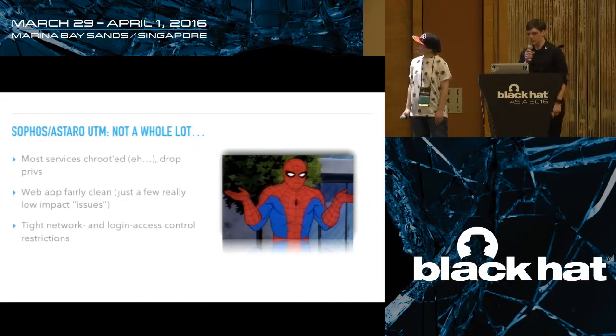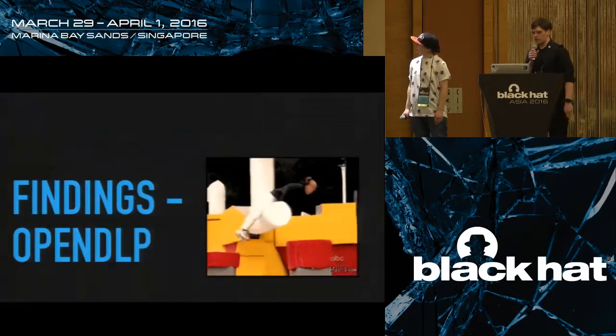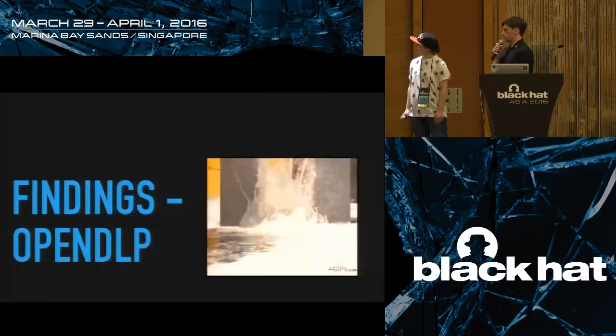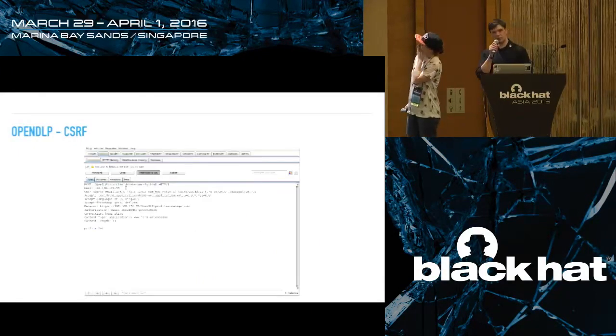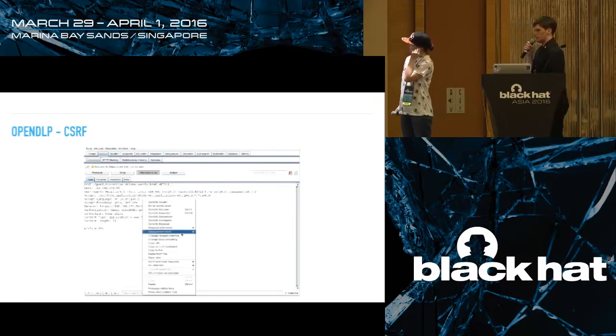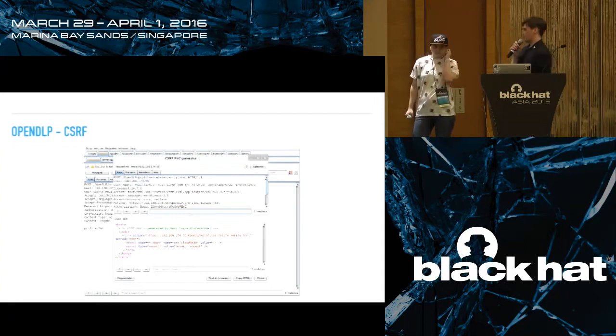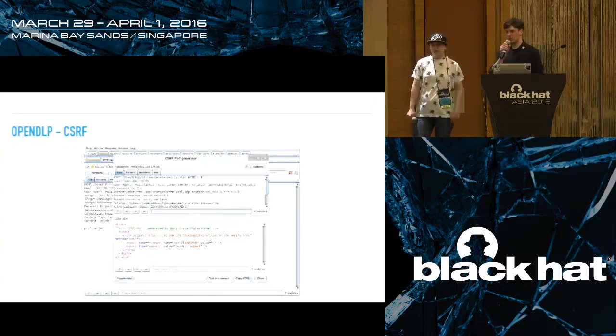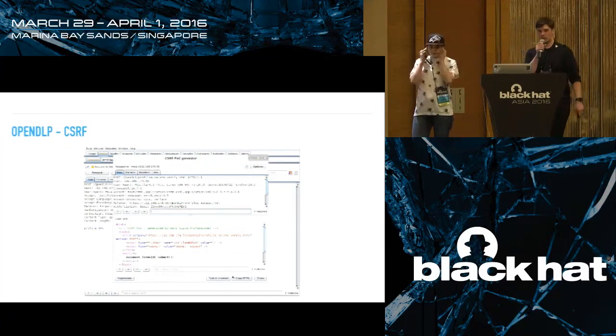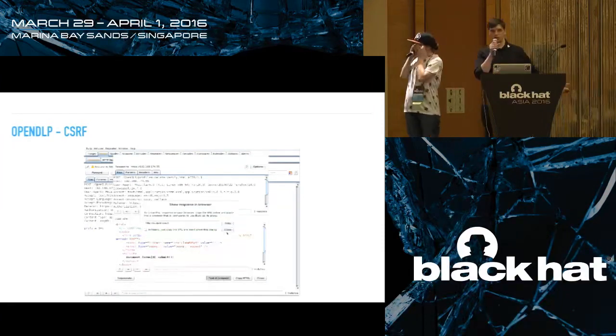For OpenDLP, again, an open source product, the one major takeaway was that it's roll your own security, basically. There were no anti-CSRF tokens or anything of that nature. The SSHFS stuff, the remote crawler, was really just as good as having a really poor password on the login that's being used.